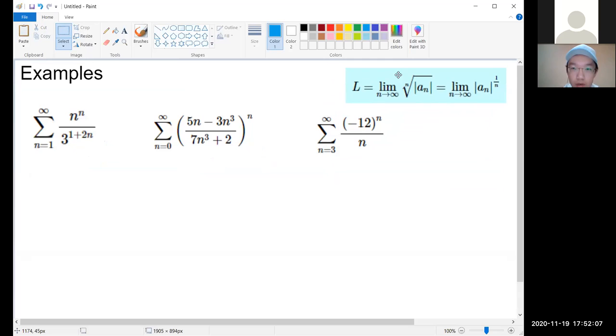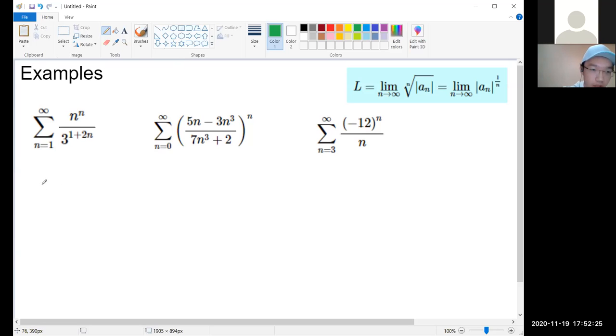Okay, so I'm just going to copy down the part we have to calculate because the conclusion is the same as the ratio test. Let's use green. So we have to take the nth root of a sub n. So let's go ahead and do that for the first example.